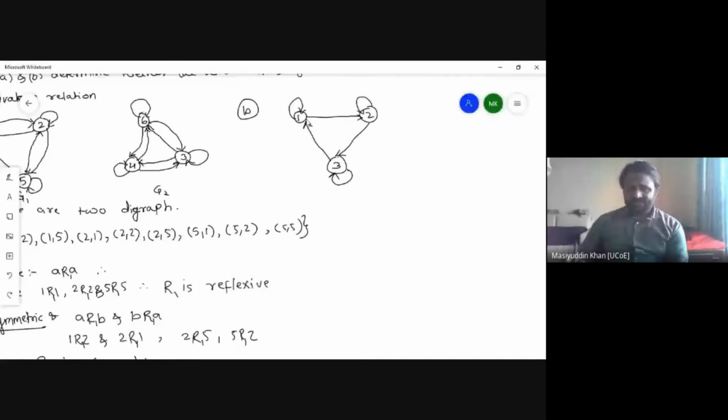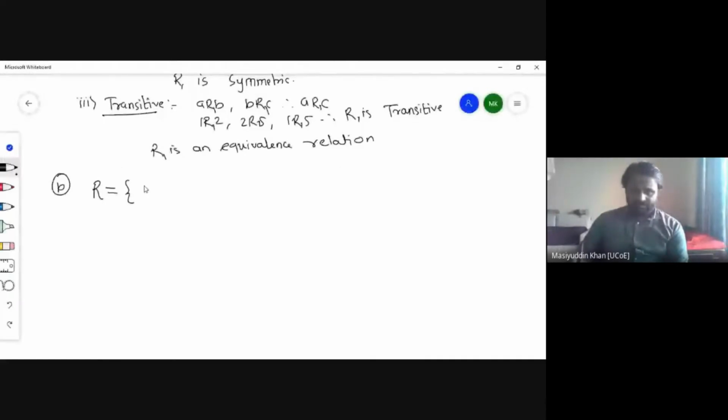So we can define this part very easily: 1 comma 1, 1 comma 2, then 2 comma 2, 2 comma 3, 3 comma 3, and 3 comma 1.